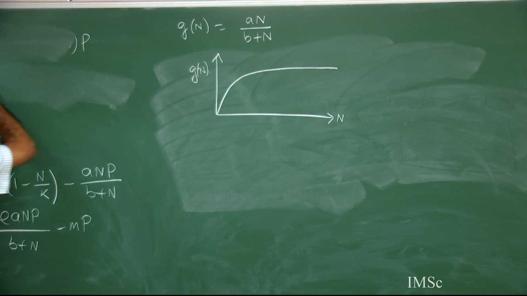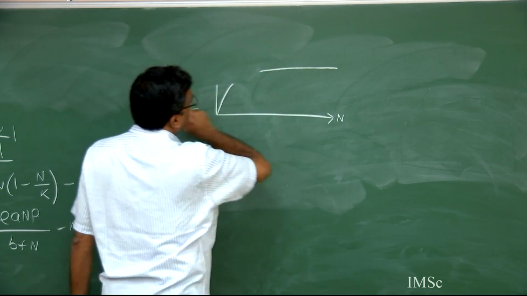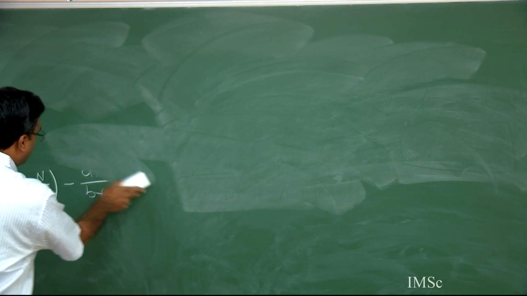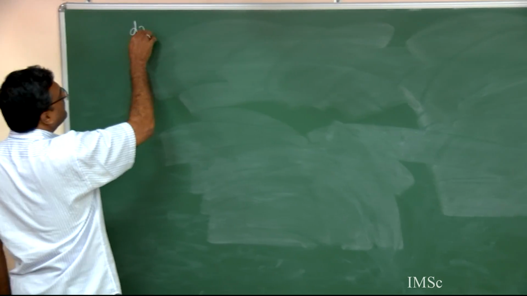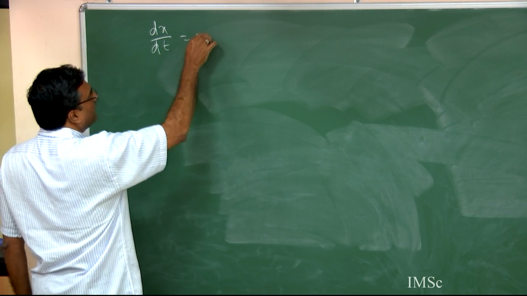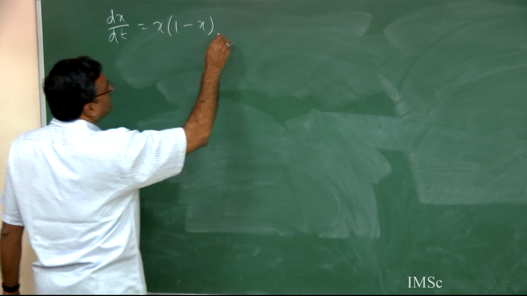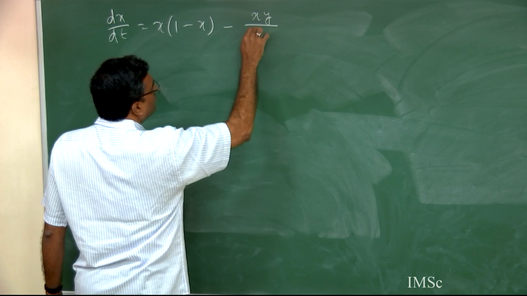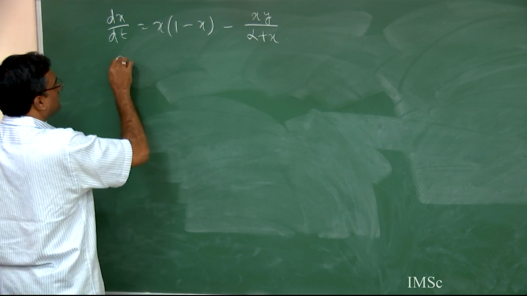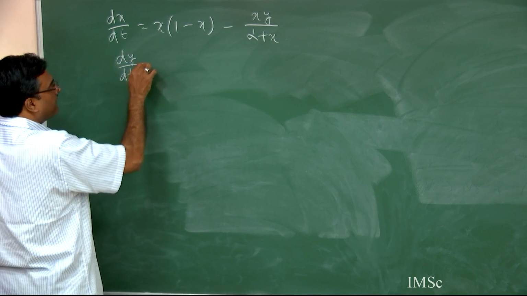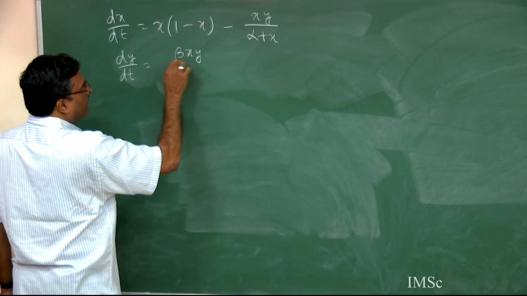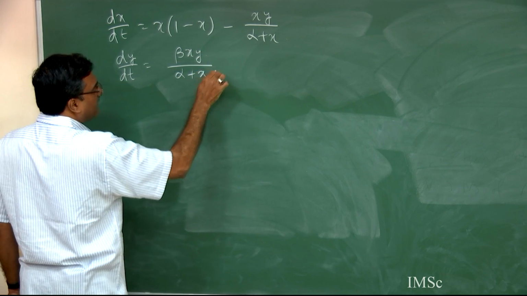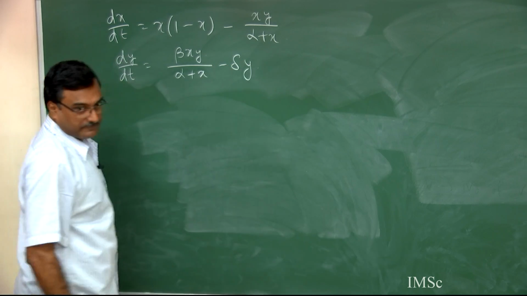To analyze this model, for the sake of brevity, I am not showing you the non-dimensional scheme, but I can directly go to the non-dimensional version for this model, and that can be considered as dx/dt equal to x into 1 minus x minus xy by alpha plus x, and dy/dt equal to beta xy by alpha plus x minus delta y.